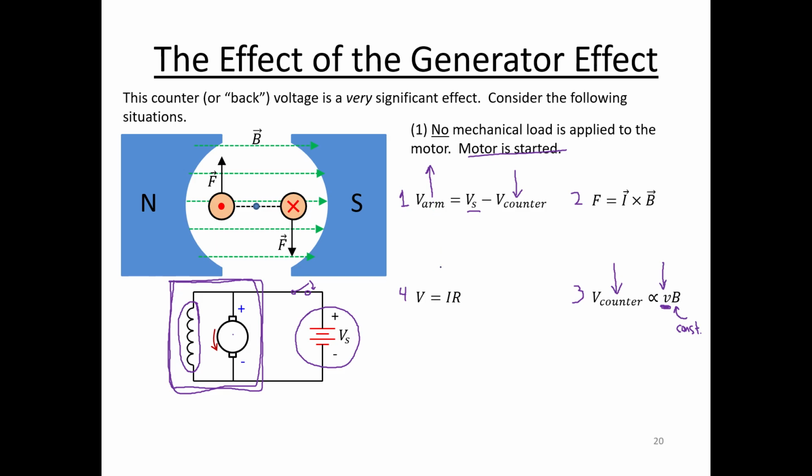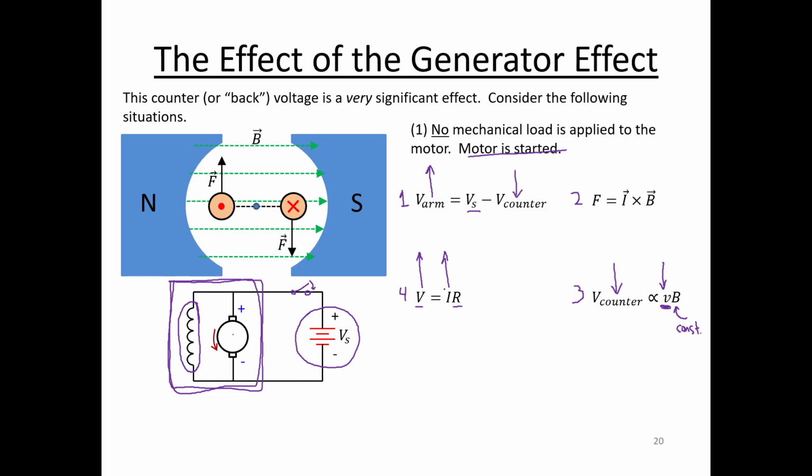Okay, so if we have a V sub armature, our net voltage across the armature, being pretty high, well, we can go back to V equals IR. That still works. The armature windings have some resistance, we have some voltage, and so if this is really high, like we found in equation 1, then that means that the current is also high through the armature.